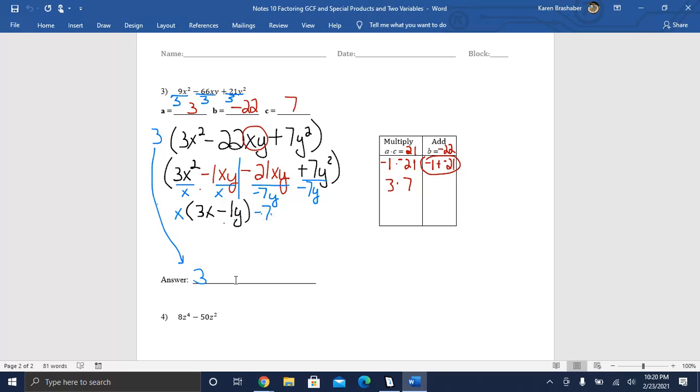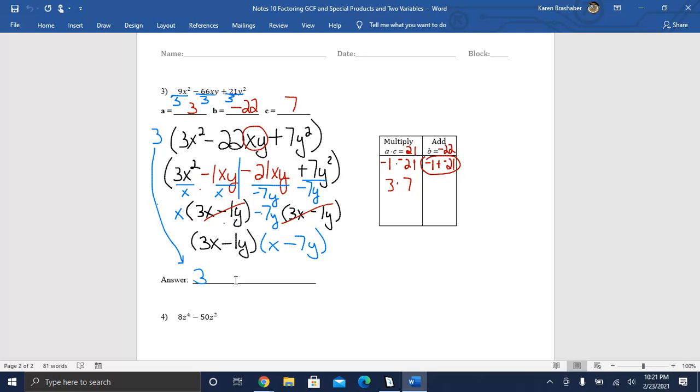So negative 7y, and that will divide and give me 3x minus 1y. There's my matching parentheses again. So 3x minus 1y would be one of my factors. And the other factor is the x minus 7y.